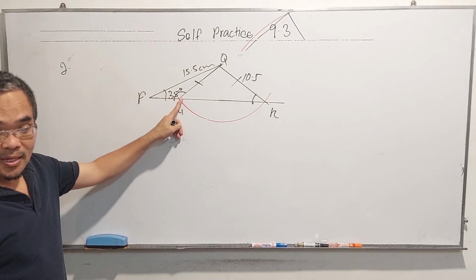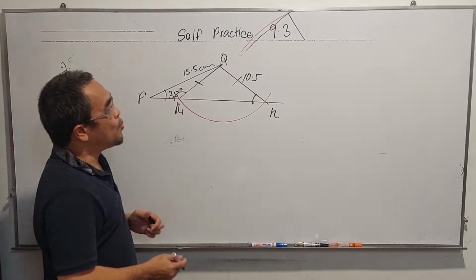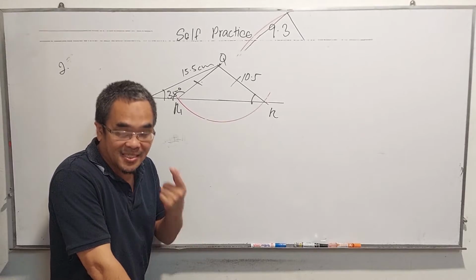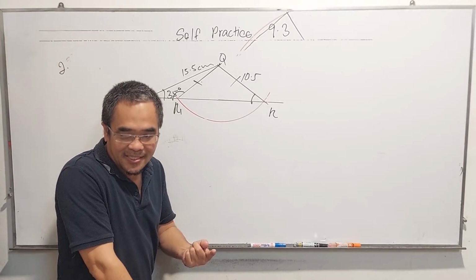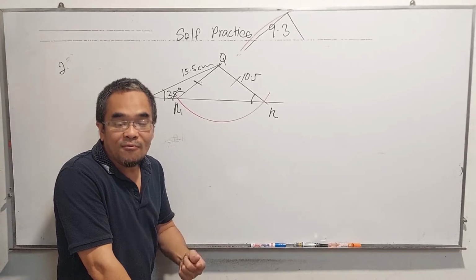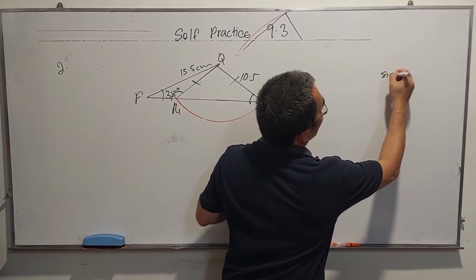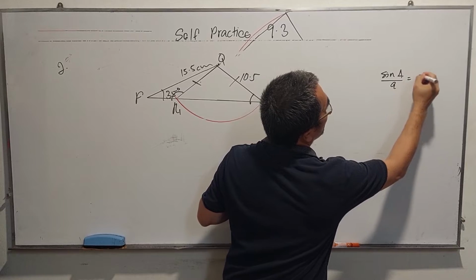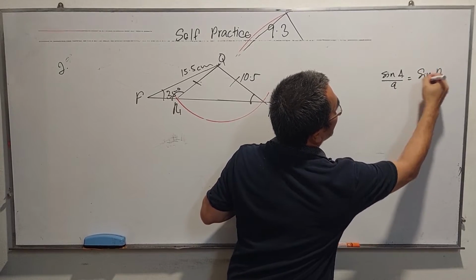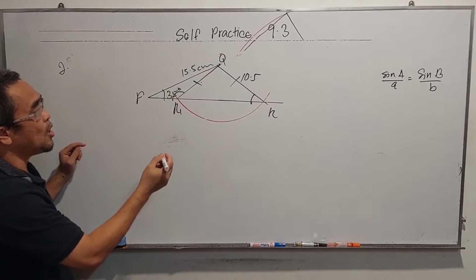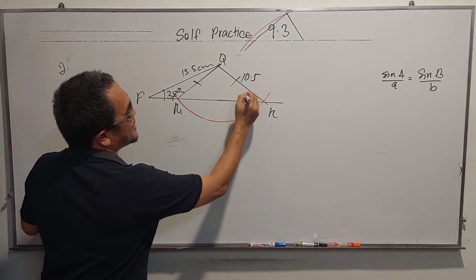Okay, whenever we are talking about the ambiguous case, it will always involve the sine formula. So what is the sine formula? Sin A over A equals sin B over B. Okay, because we are talking about angle, let's say this is theta.